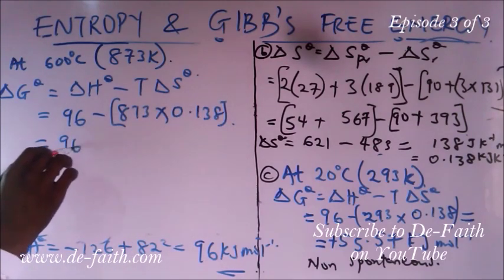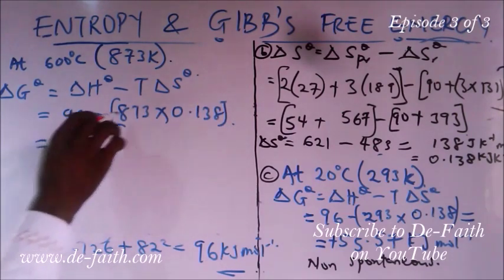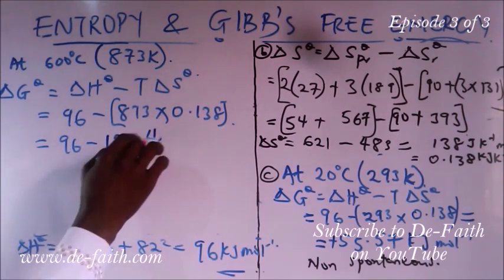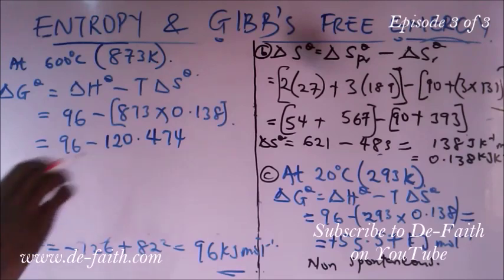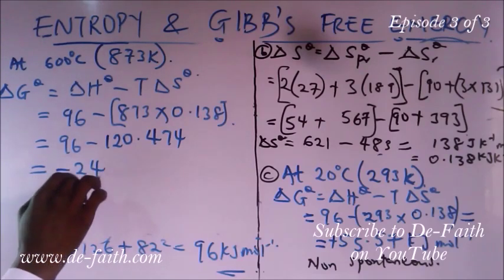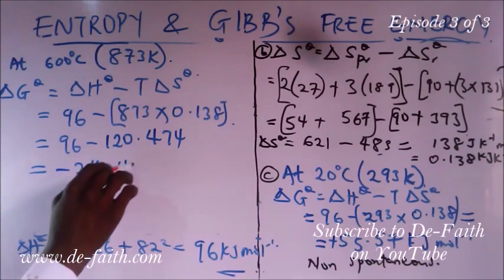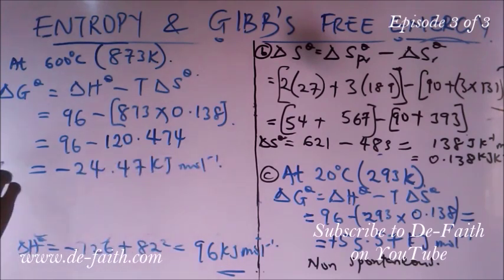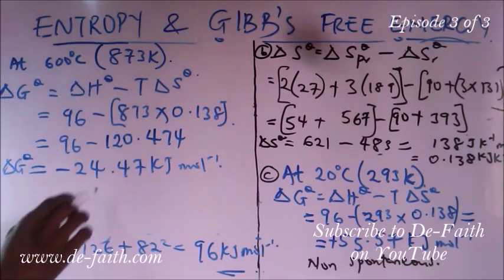So we have 96 minus, when we multiply this out, it gives 120.474, and we'll have minus 24.47 kilojoule per mole as the standard Gibbs free energy at 600 degrees Celsius.